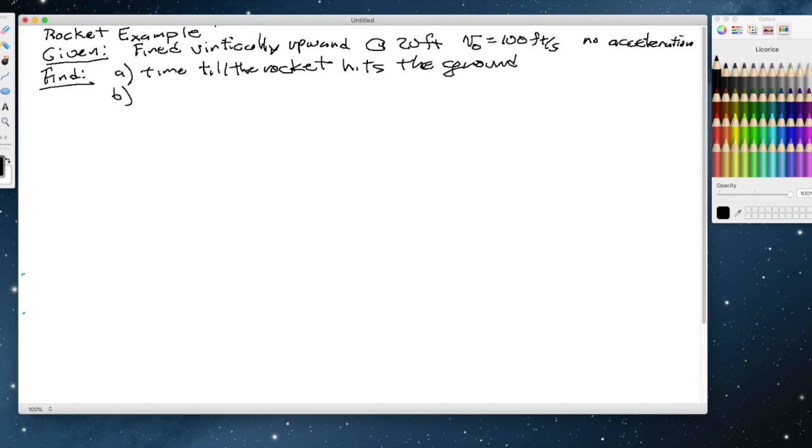And B, the maximum altitude the rocket reaches.